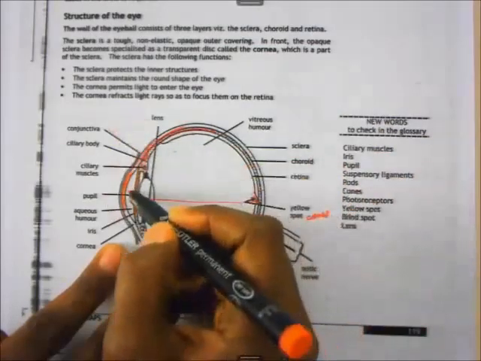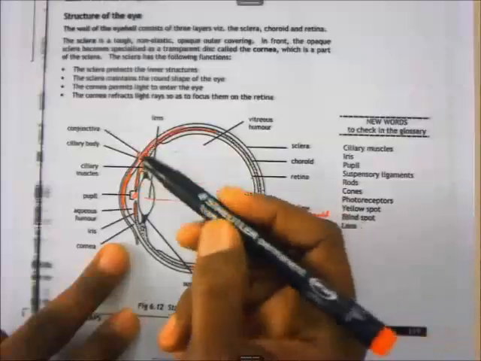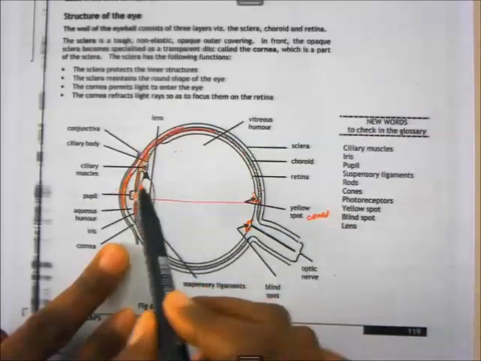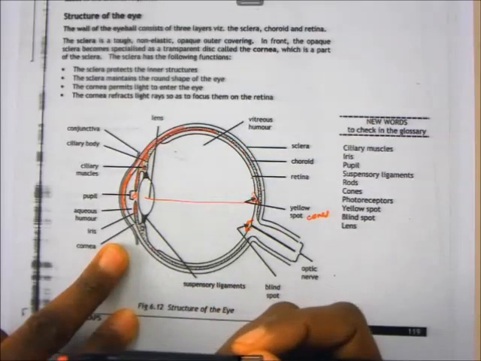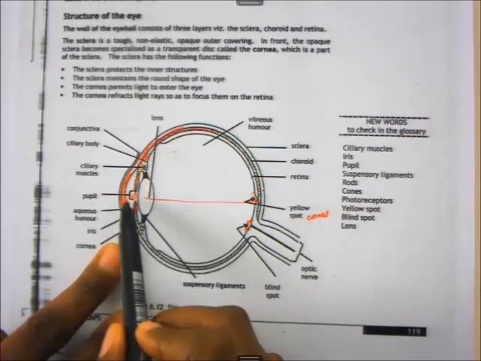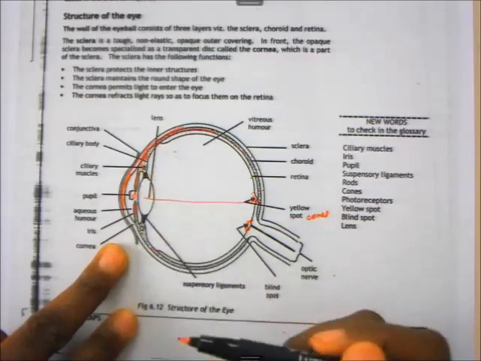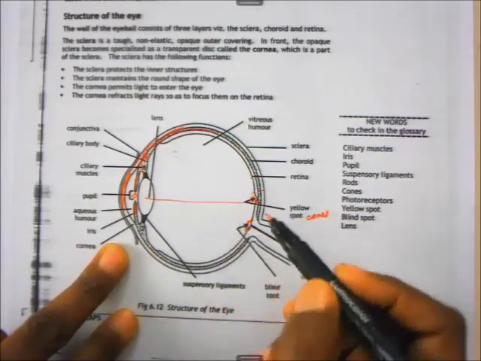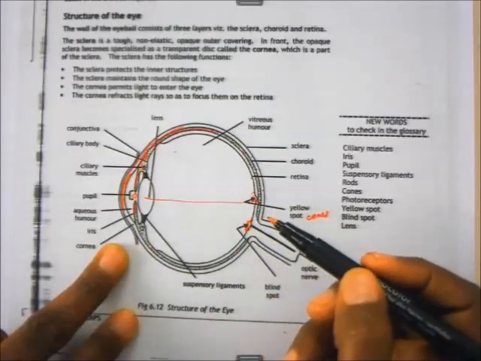Let me just go back and talk about the functions of the aqueous humor. The aqueous humor is a fluid, so being a fluid, it is able to refract the light rays so that they fall onto the retina.